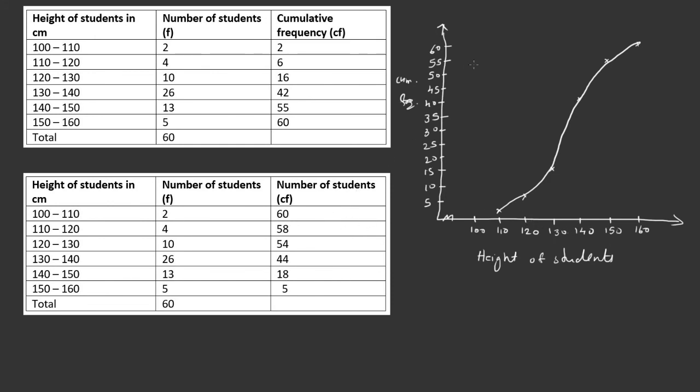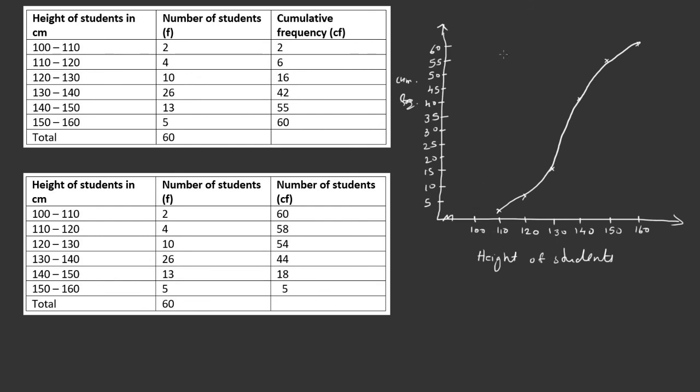And now I am going to draw the cumulative frequency curve or ogive for more than type. For this, I have to mark the cumulative frequency corresponding to the lower limits.